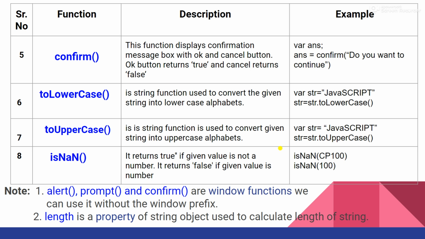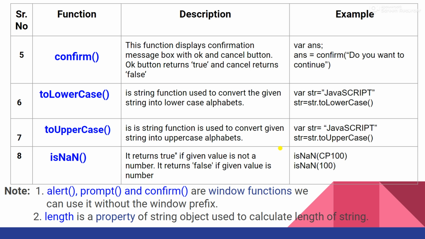Okay. So again it is returning a value, it is not storing it. So obviously we have to store it somewhere. That value has to be stored in some variable. So in the example you can see I have taken the variable answer, and in answer I am storing whatever value we are getting from the confirm. So now students tell me, confirm is given, do you want to continue?